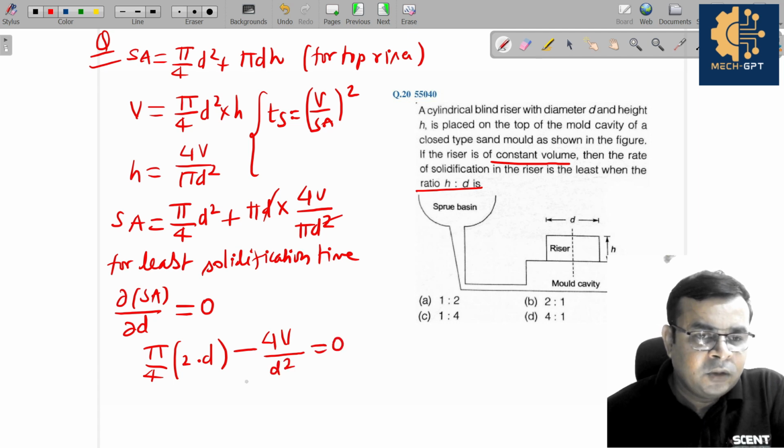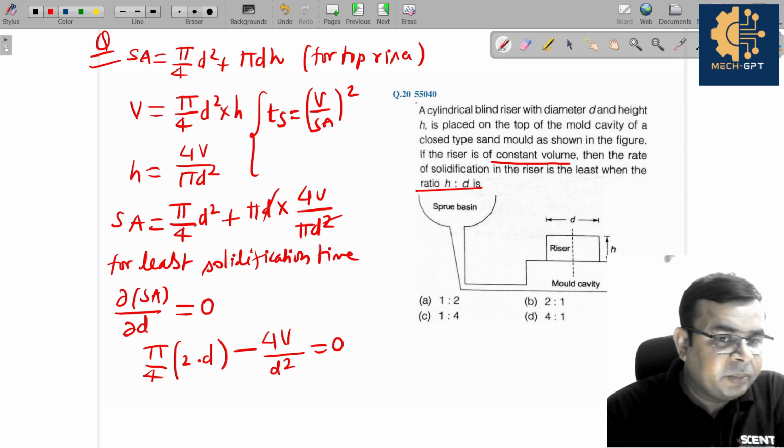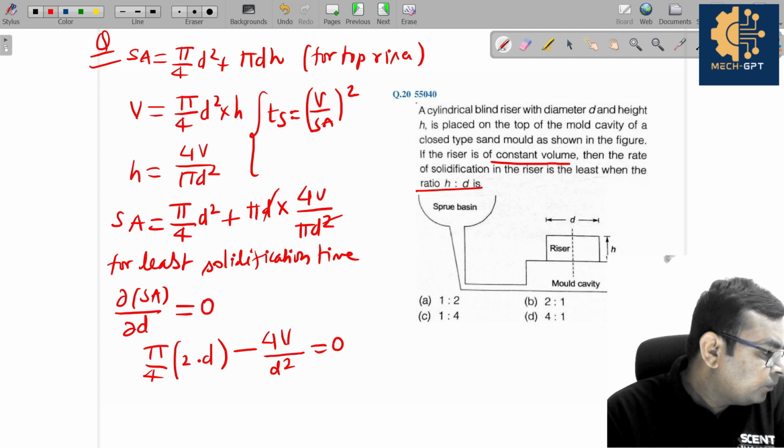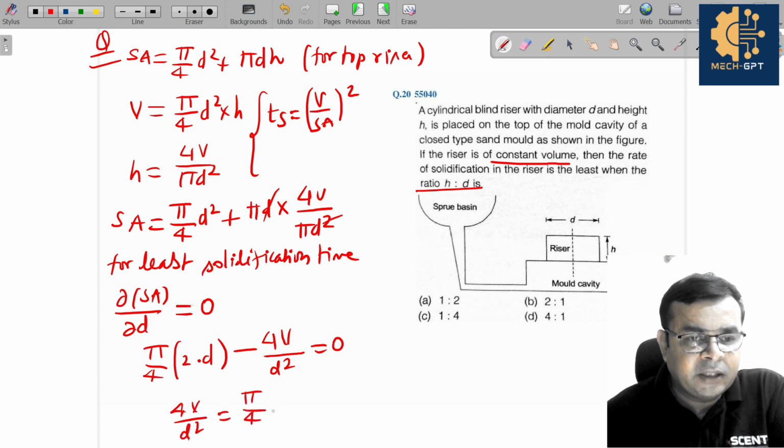Yes or no? So when you simplify this, 4V upon d square, can I write this is 4V over d square equal to pi by 4 times 2d. Correct?